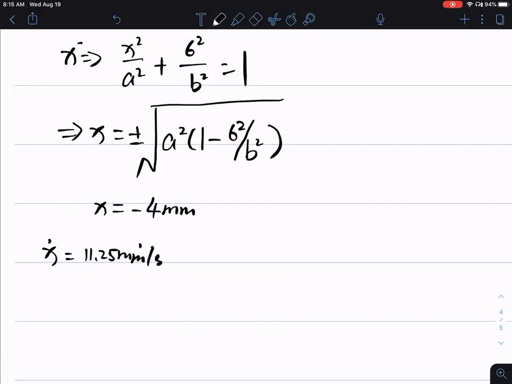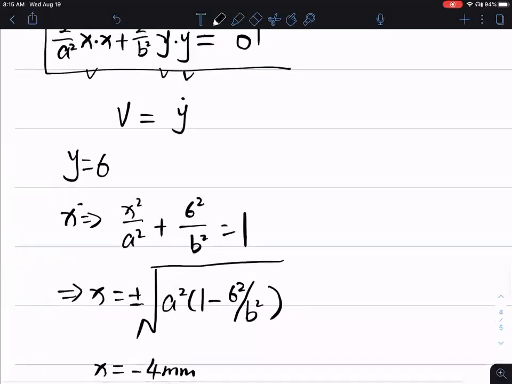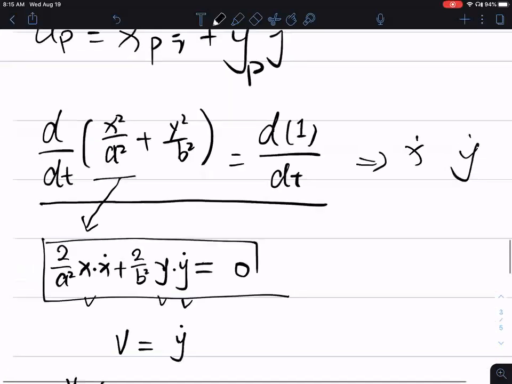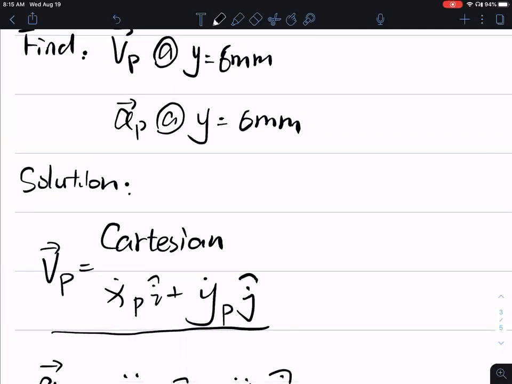Okay, now what? We solved x dot and we know y dot. Can we solve for the velocity, Vp? Yeah, Vp equals x dot i plus y dot j.